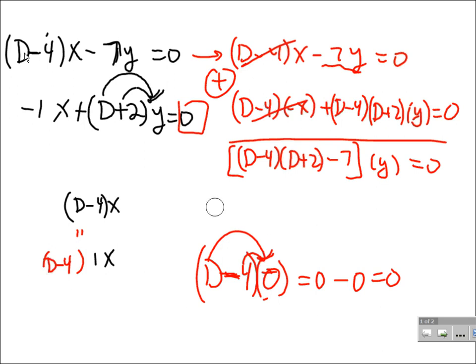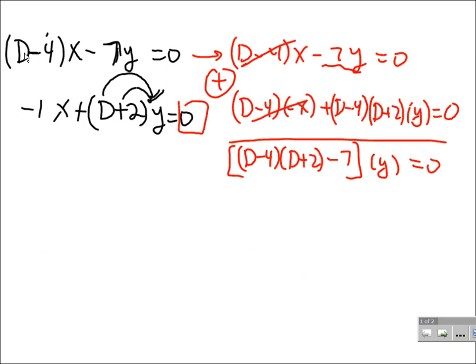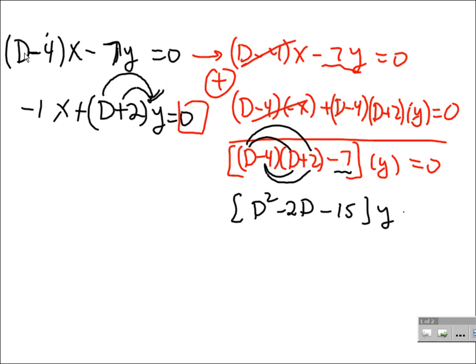Let's clean this up a little bit. We're going to have D squared plus 2D minus 4D is negative 2D, minus 8, minus 7 more is minus 15. So the auxiliary equation will be this.